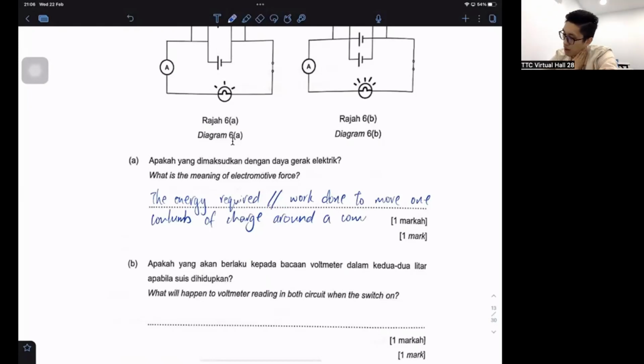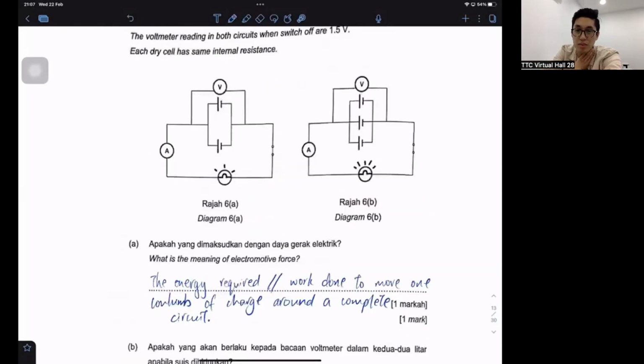Okay, what will happen to the voltmeter reading in both circuits when the switch is on? Now, one thing to remember about this EMF problem is that whenever the switch is off, not fully connected, open like this, the voltmeter will always tell you the EMF. But once the switch is connected, the voltmeter will actually tell you the voltage of this thing.